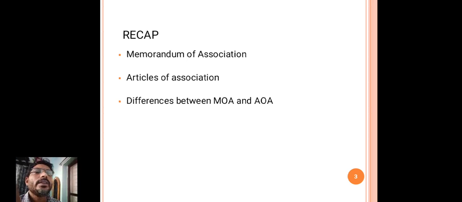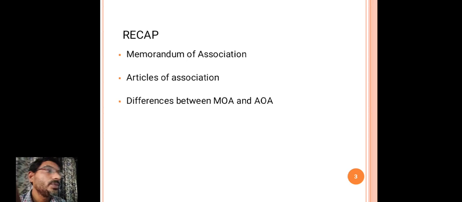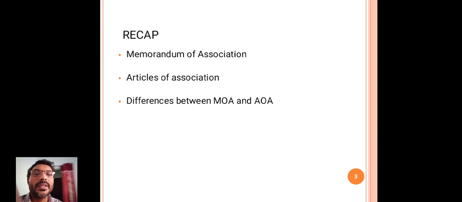The Articles of Association contains the rules and regulations and procedures for the internal management of the company.